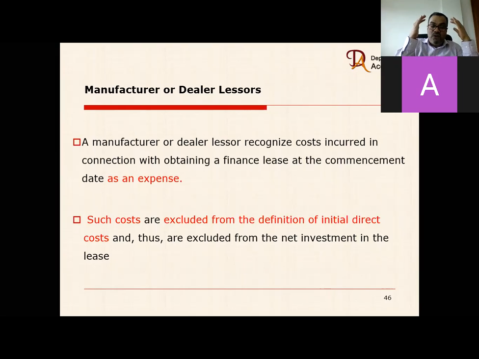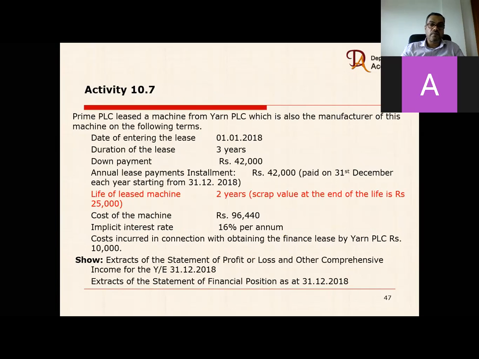Actually, if you logically argue, those things can be easily understood. Such costs are excluded from the definition of initial direct costs, thus are excluded from the net investment in the lease. So no need to include these things in the net investment in the lease. Directly match them with the profit by recognizing them as expenses.